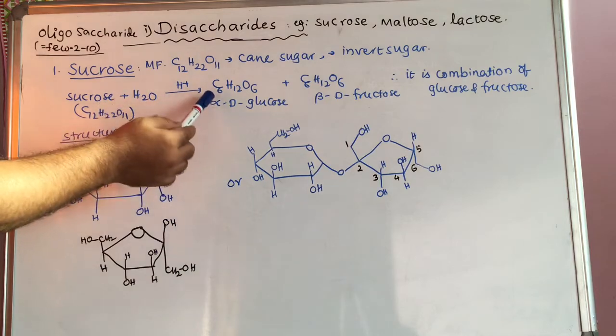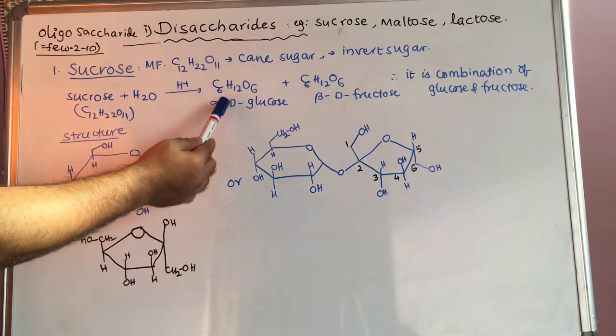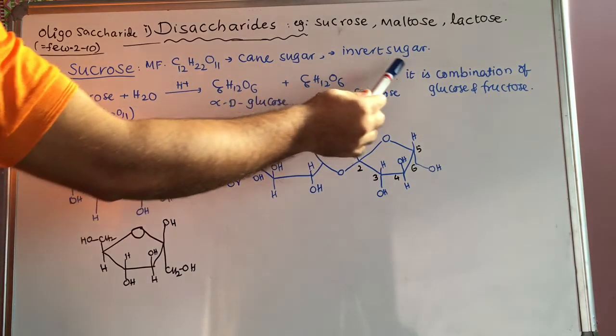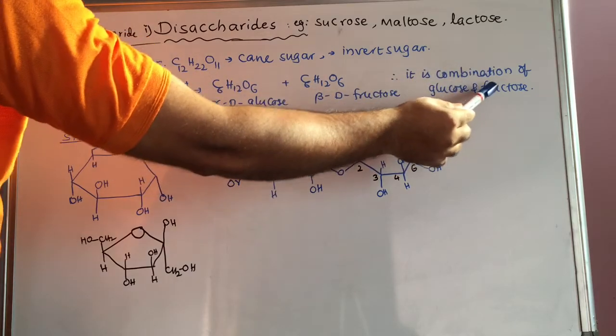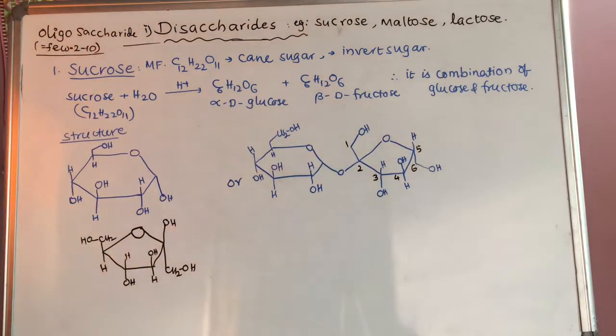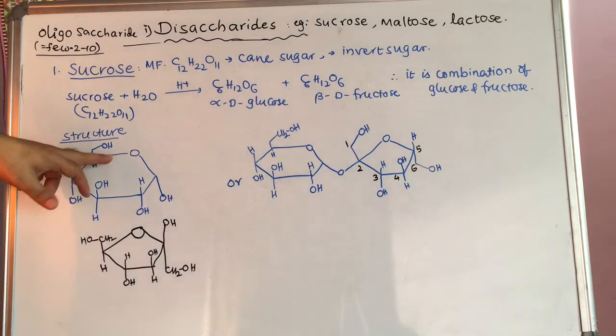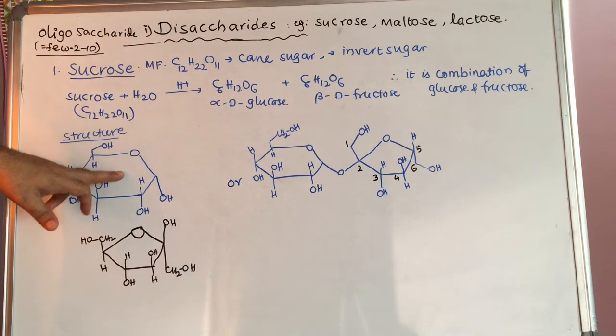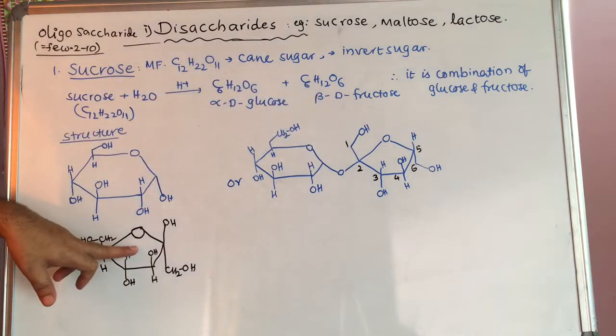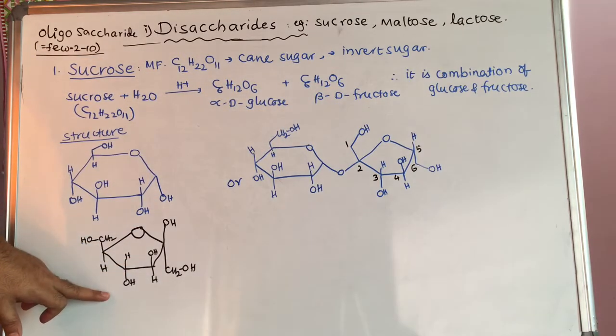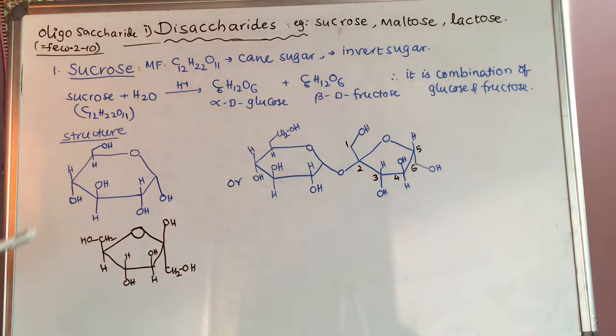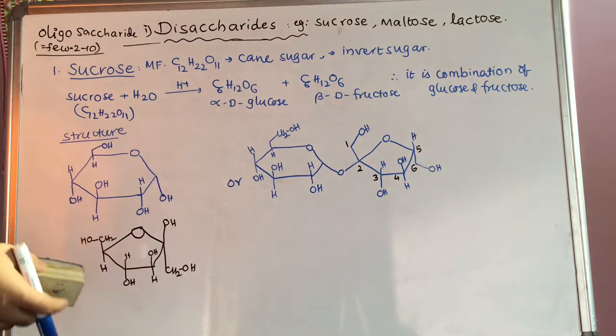Based on this reaction, we concluded that it is a combination of glucose and fructose. So its structure should be this: this is alpha D glucose, this is beta D fructose. Now I have represented alpha D glucose and beta D fructose individually.